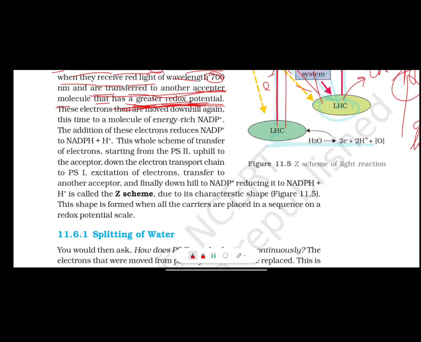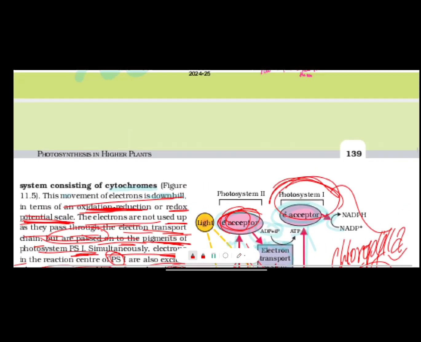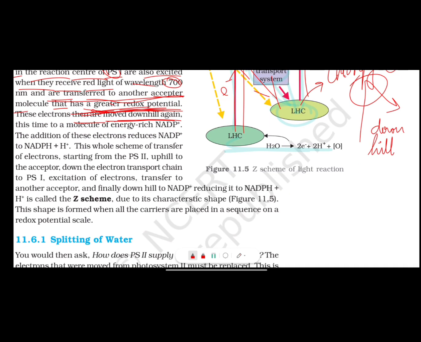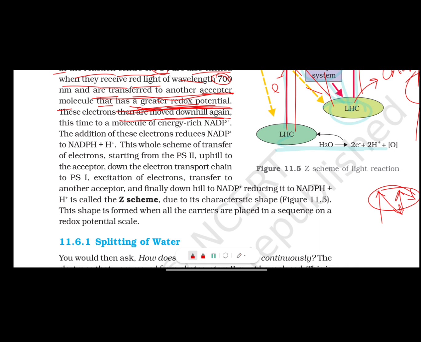These electrons are then moved downhill again. So again the same process takes place, again up and then down, and this looks like this, right? Like this. So we can call this scheme the Z scheme also.